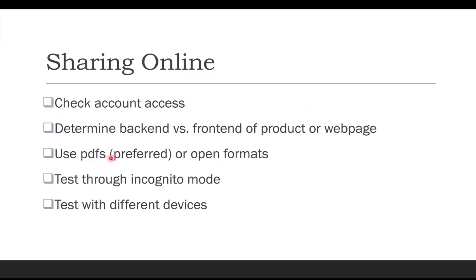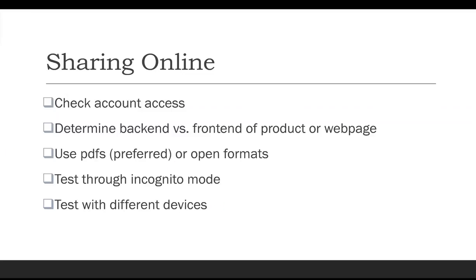Try to use PDFs or open formats so people don't have to actually have your certain program in order to open it. As much as possible, we want to try to prevent making people sign up for an account, although sometimes that's unavoidable. And then you can test by running it in incognito mode, which I'll show you in a moment, and you can test with different devices.